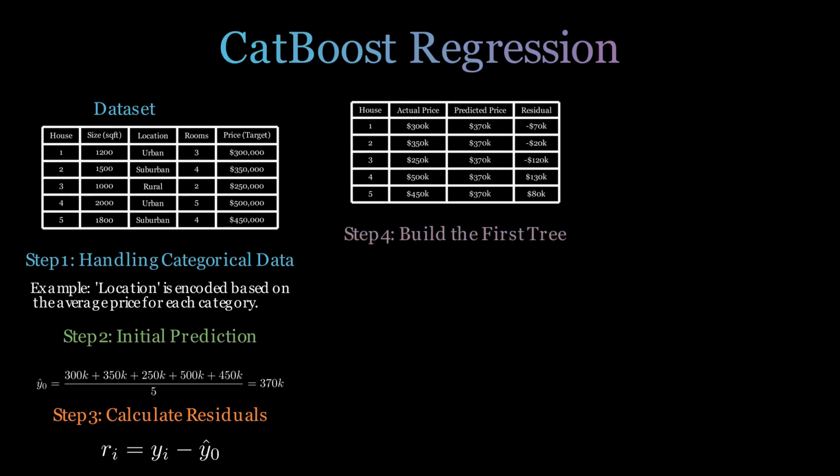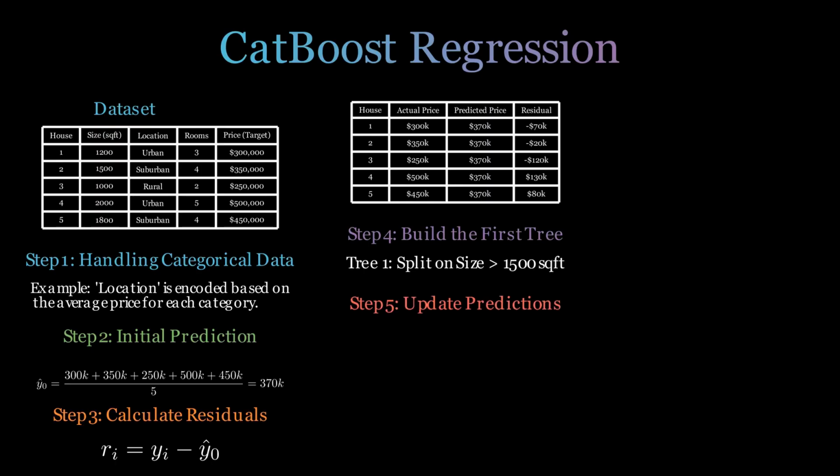Now, we build the first decision tree. The tree splits the data based on the features to predict the residuals. After building the tree, we update our predictions by adding the tree's output to the initial prediction. We repeat the process, adding more trees to correct the mistakes of the previous trees.